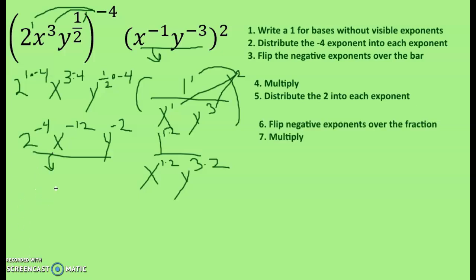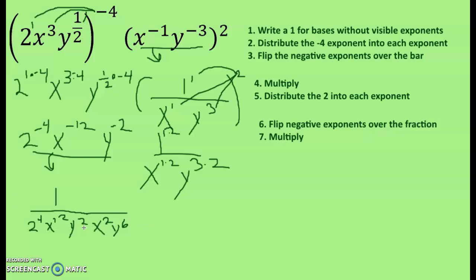So we have 1 over 2 to the 4th power times x to the 12th power times y to the 2nd power times x to the 2nd power times y to the 6th power.